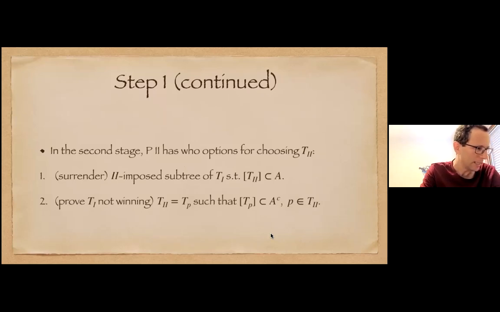So in the second stage, player 2 has two options as for how to choose T2. This is again my interpretation. One is to surrender, and the other one is to prove that T1 is not winning, because it doesn't have to be a strategy.